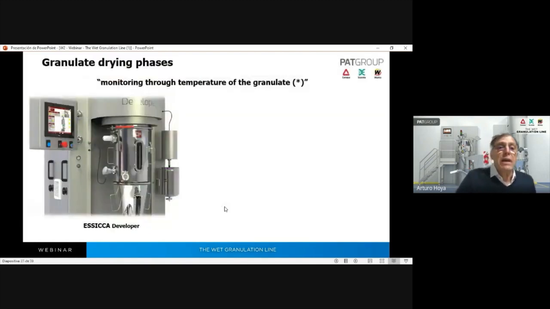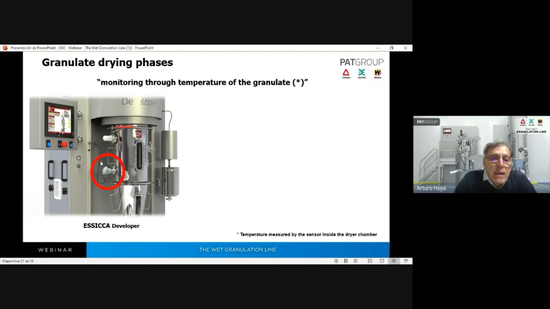But first of all, I want to show you the monitoring through the temperature of the granule. Here we have the container where the wet granule is. This is the expansion chamber. The air flows in this direction.